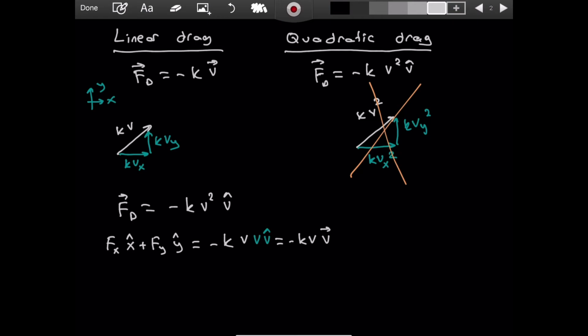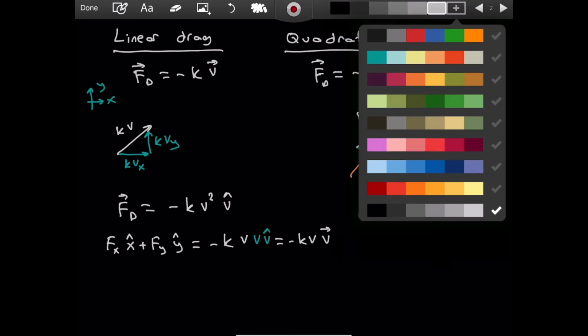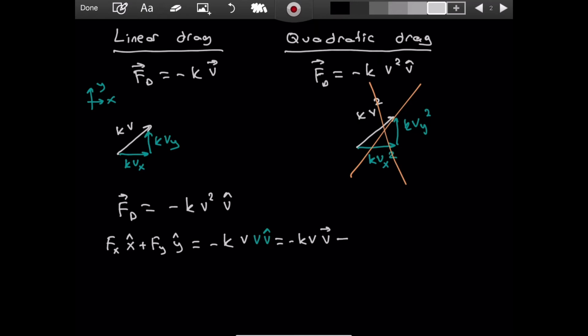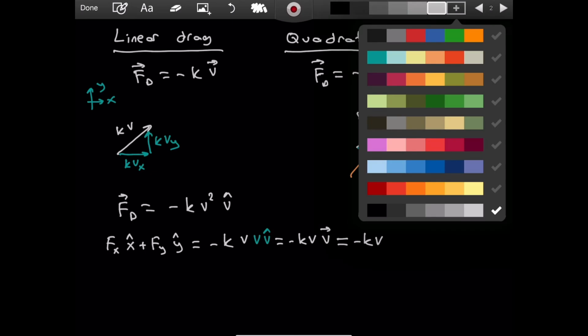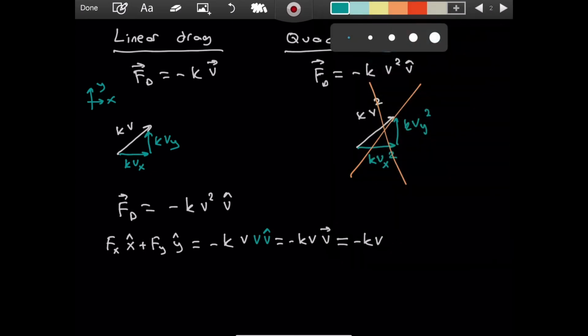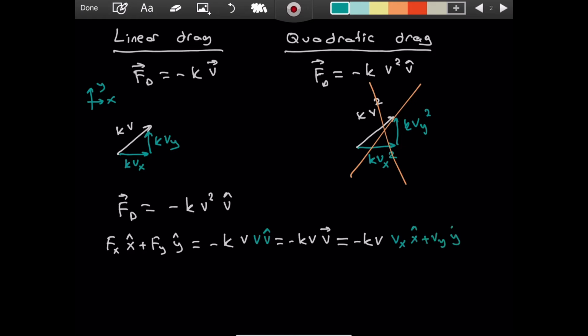It is a vector, so it should have components, and we can write it in terms of its components. Let's do that. Why not? We will have negative kv again. And for the velocity, I am now going to use its components. It will have a vx in the x hat direction and a vy in the y hat direction. And we need to close the parentheses here.